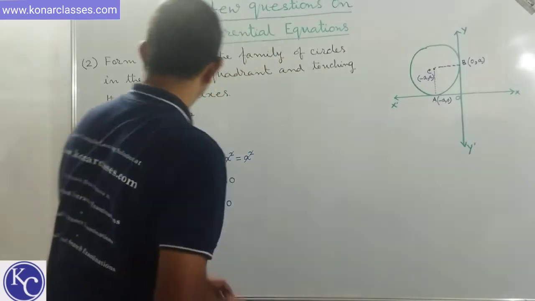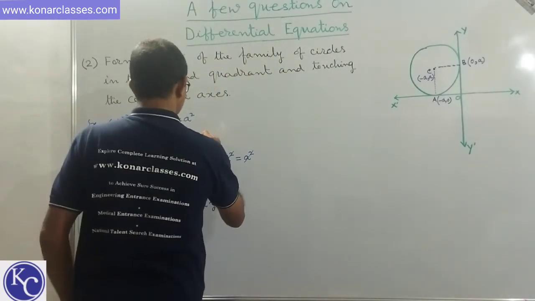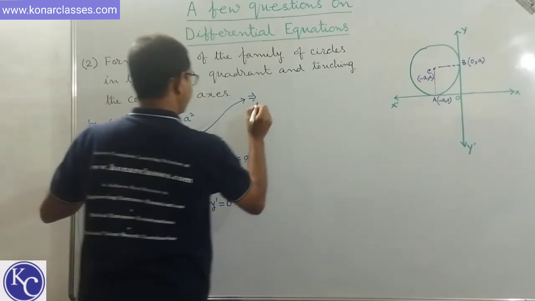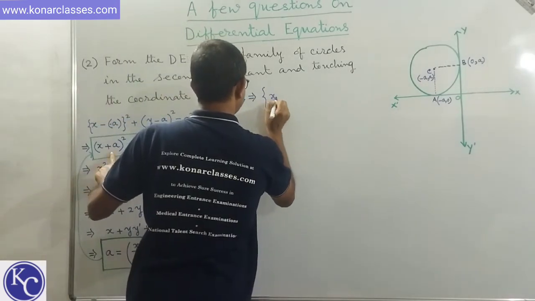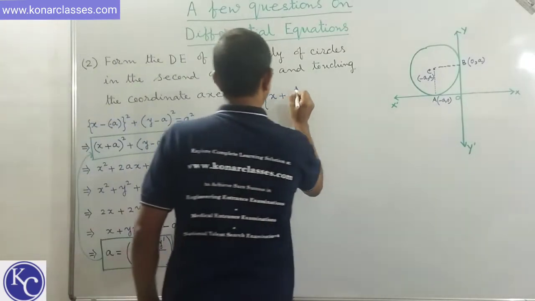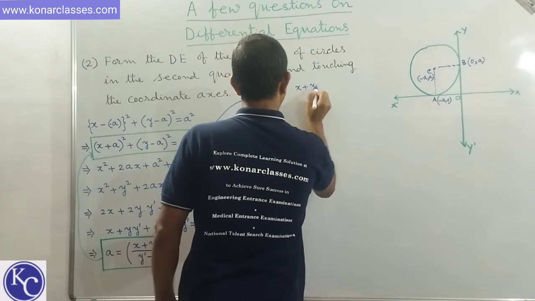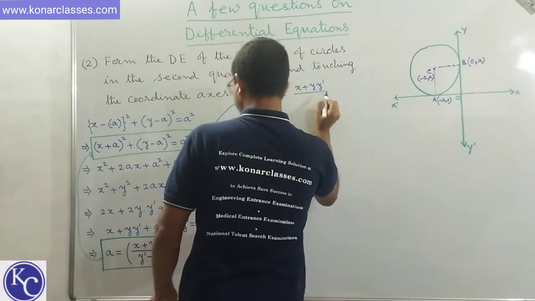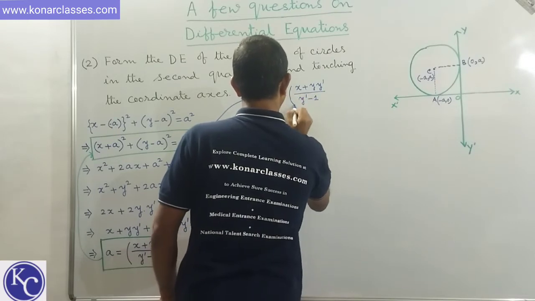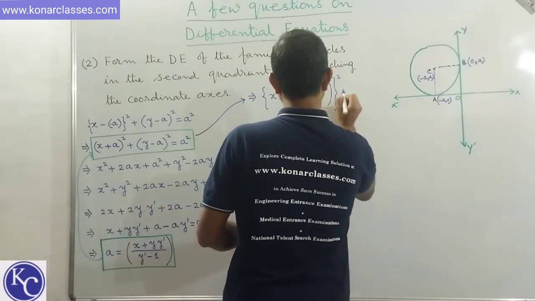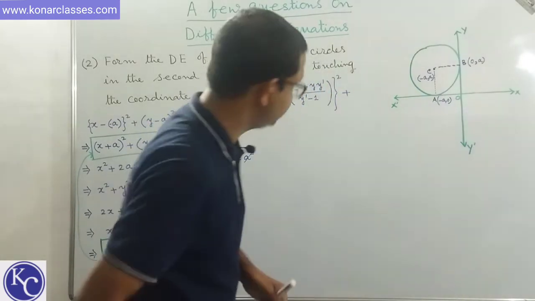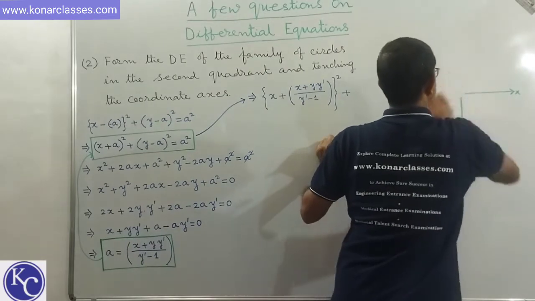For that, I am writing it here. So this implies (x plus a) whole square. So x plus, what is the value of a? x plus y into y dash divided by y dash minus 1, this complete whole square, plus (y minus a) whole square. So let us remove this particular portion.